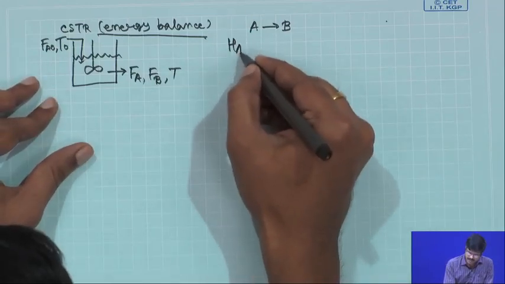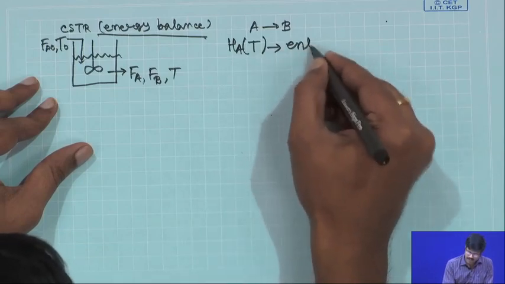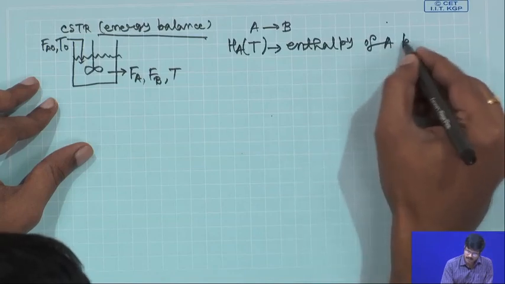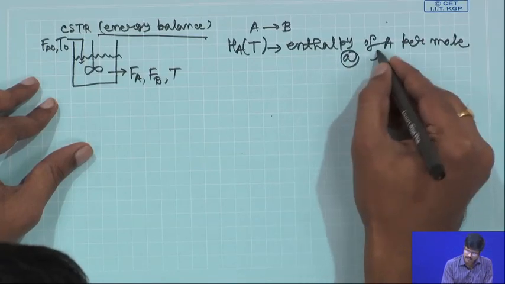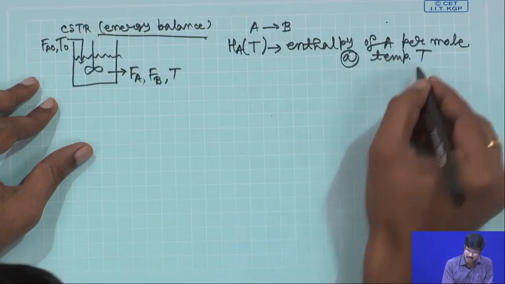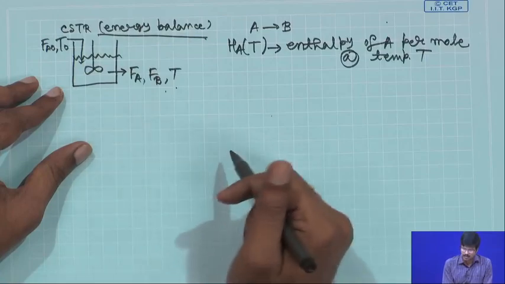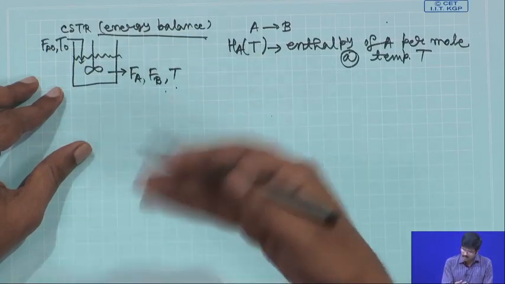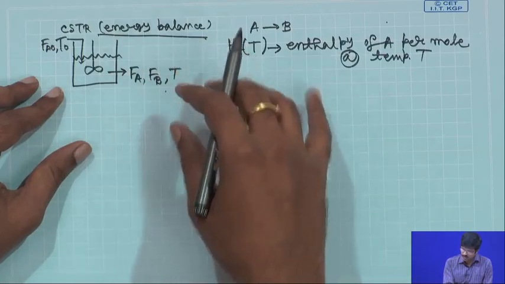Let HA(T) be the enthalpy of A per mole at temperature T. The reactor is being operated at temperature T. Actually, in general we will not talk about the steady state situation at the moment, we will come to that after.